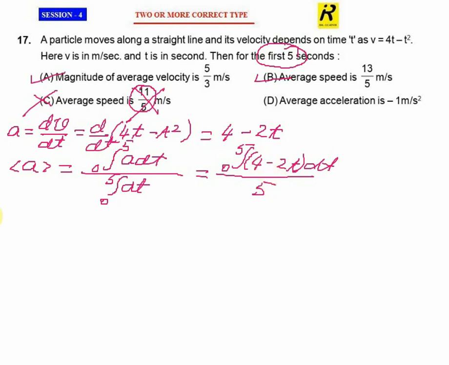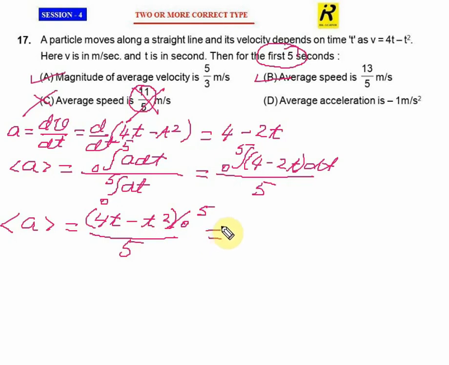So now the average acceleration is equal to the integration, 4 becomes 4t minus t square, and obviously the limit is 0 to 5, and in the denominator it is once more 5 as it is.